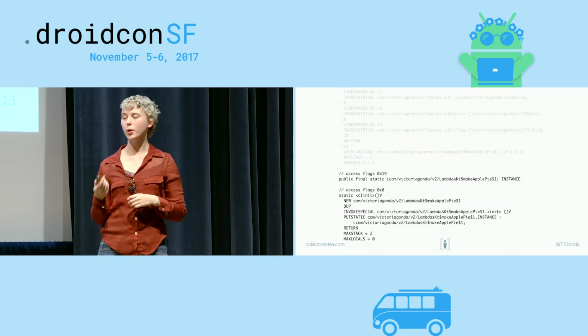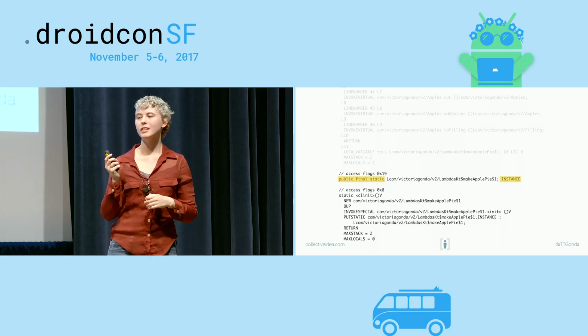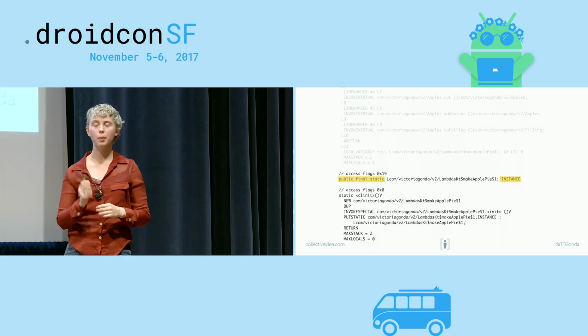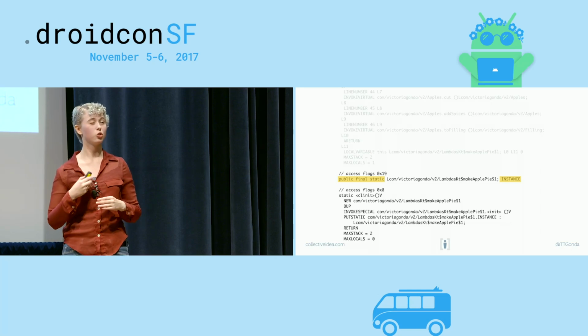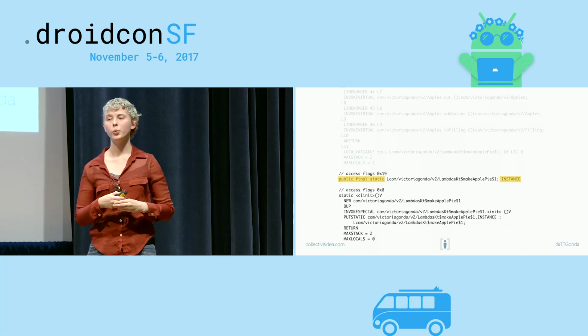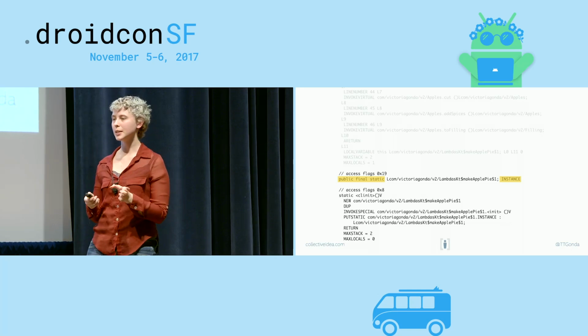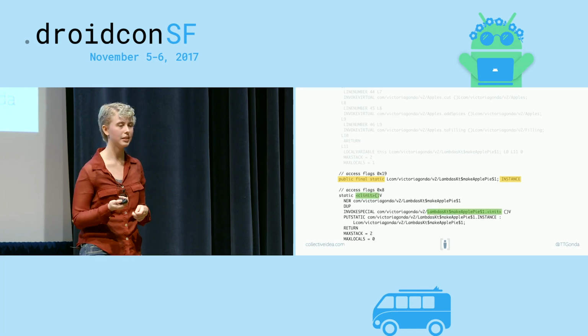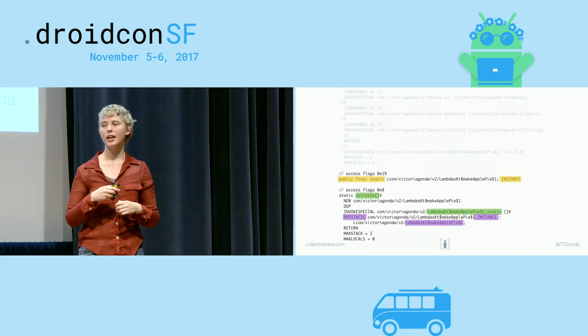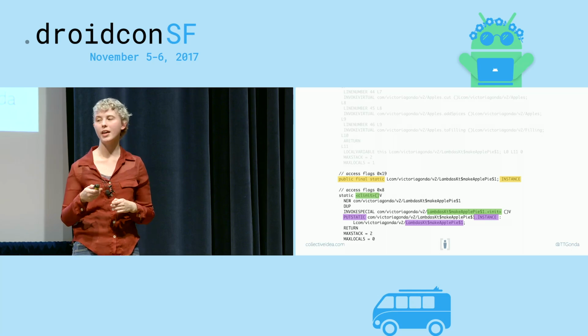Another thing that I want to point out is this public final static instance. This was what that Java code was trying to reference when we saw that null.instance. It is initialized in the class init and assigned to that instance variable.